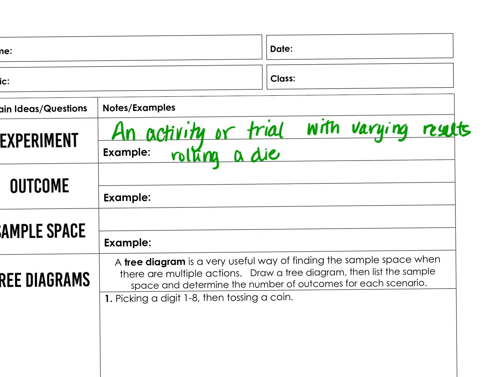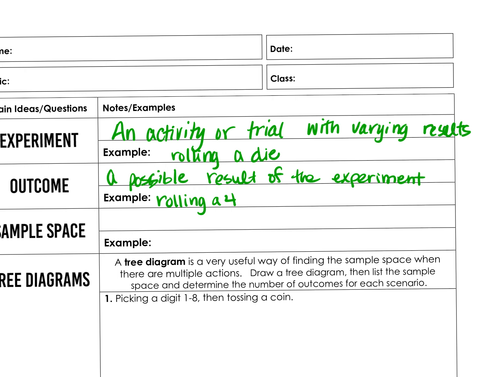The outcome is a possible result of the experiment. That might be like rolling a 4.